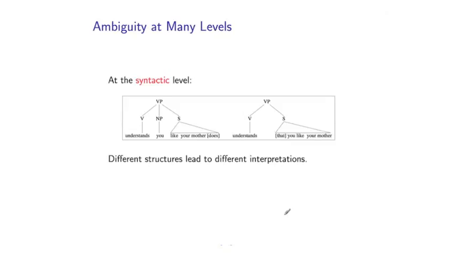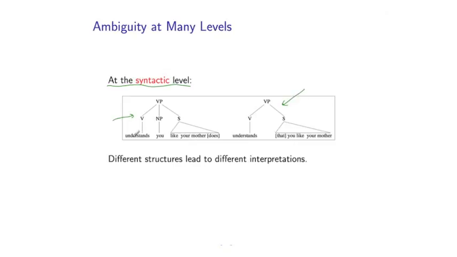It's interesting to note that many of these ambiguities manifest themselves at the syntactic level. What I mean by that is they manifest themselves in the parsing problem that I showed you earlier. So different structures at the parsing level, again these are these hierarchical parse trees I showed you, lead to different interpretations.